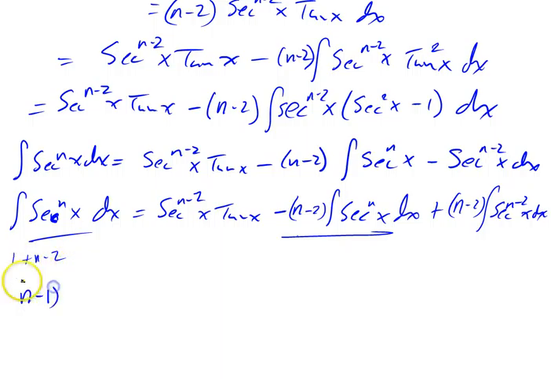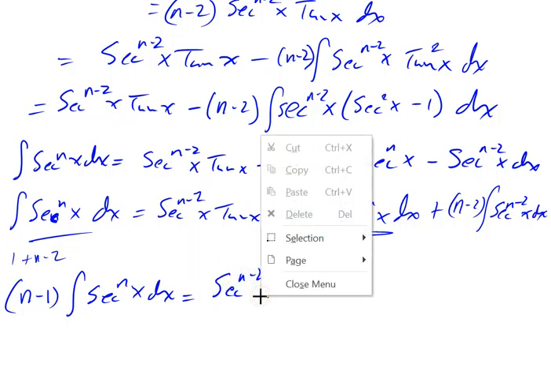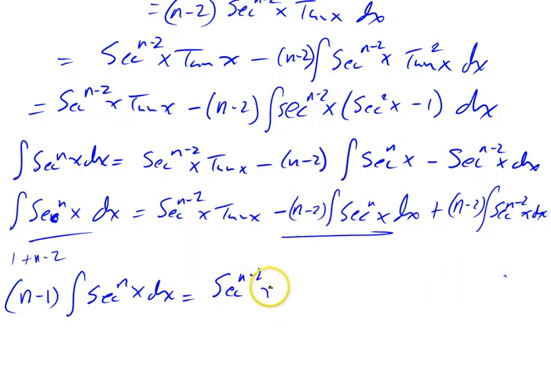So I'm going to have n minus 1 times the integral of secant to the n x dx equal to this stuff, secant to the n minus 2 x tan x. This one over to the other side, so what's left here is plus n minus 2 times the integral of secant to the n minus 2 x dx.